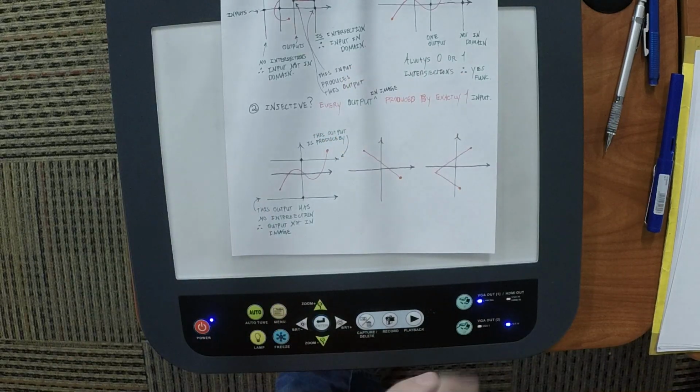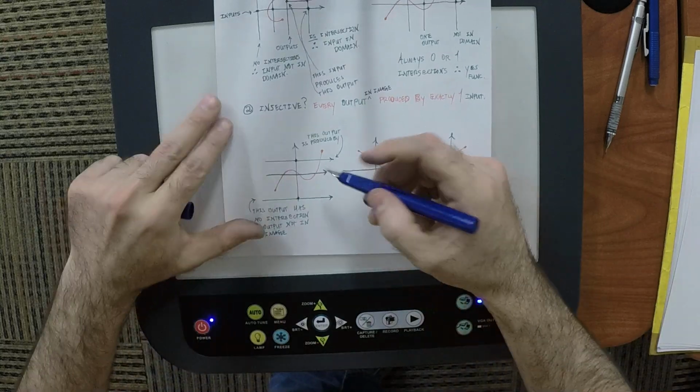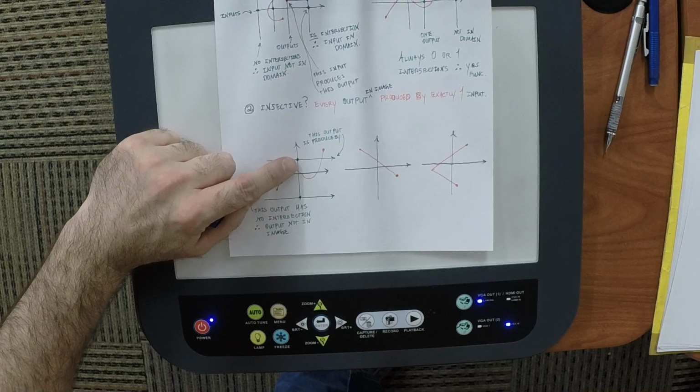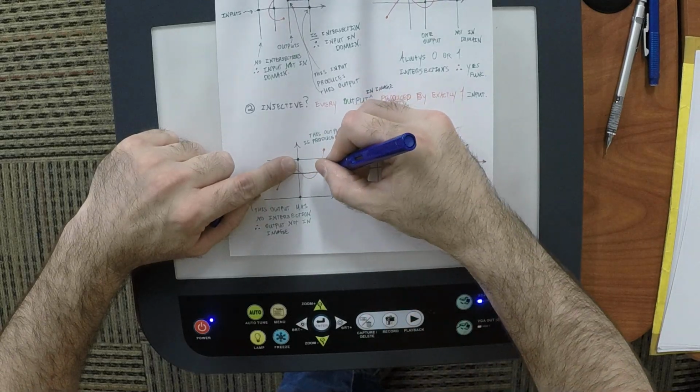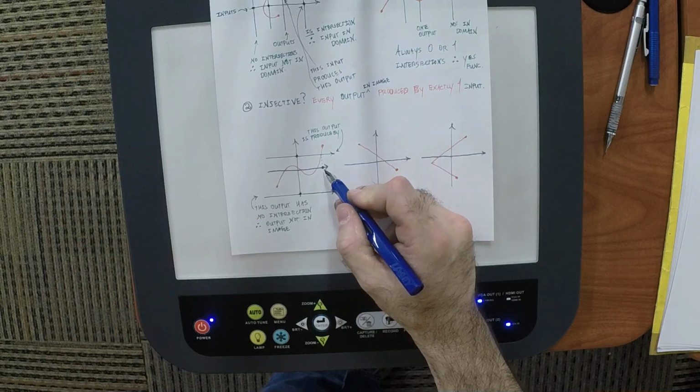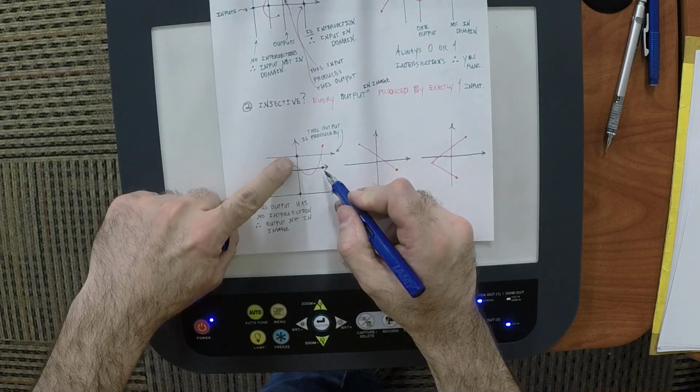Which input produces that output? That input. You press that button, and you get that one.